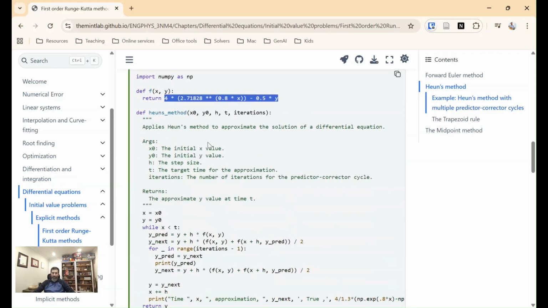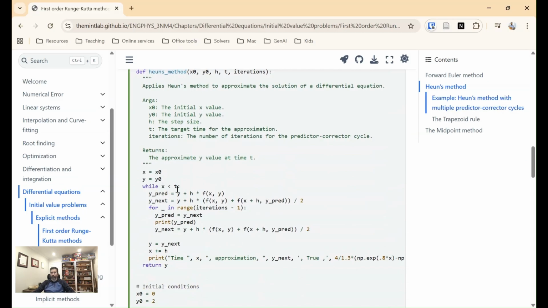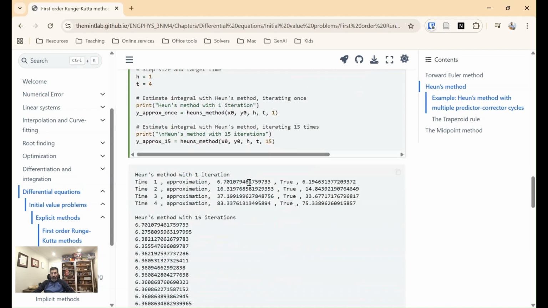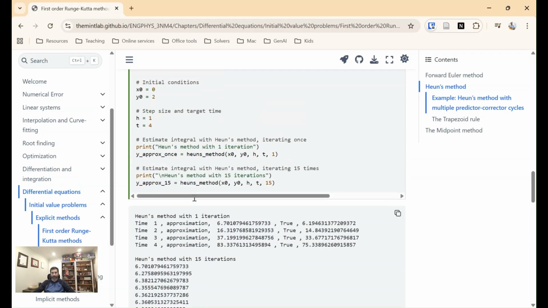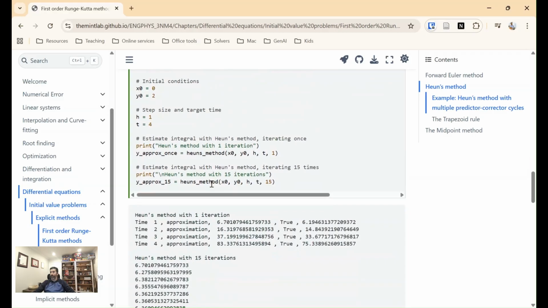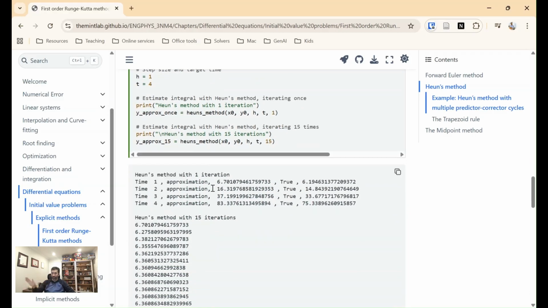You define your Wen's method, right? And then you can go through your iteration, you make your prediction, you make your correction, and if you tell it to, then it'll do more and more iterations on there. When we do this using a single iteration, we do predictor, corrector, and out.